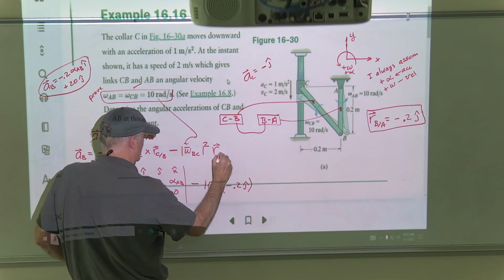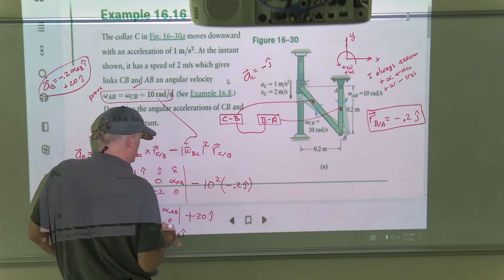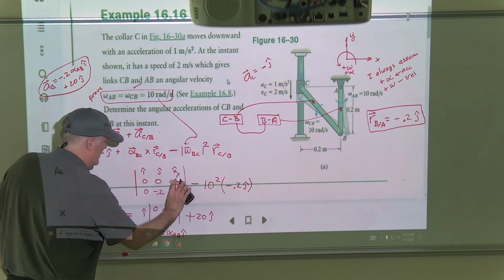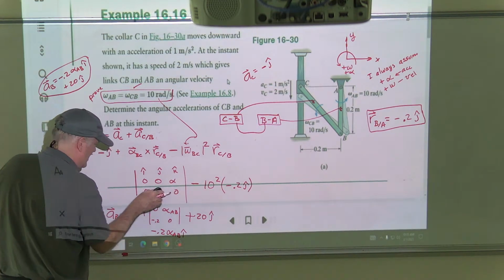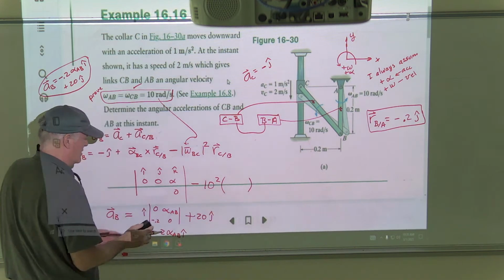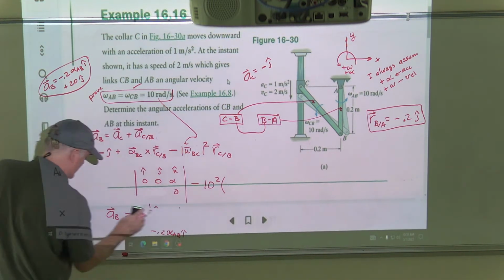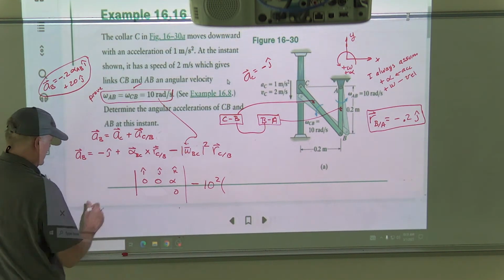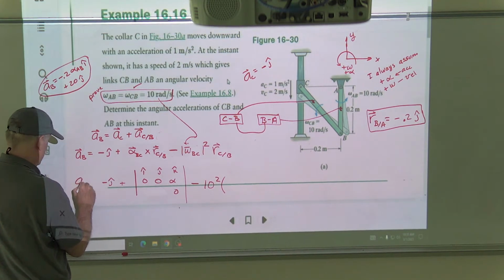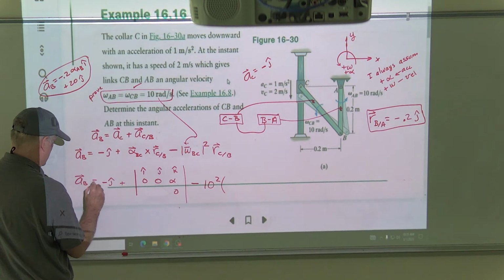And then R, C to B. Now, it turns out, okay, so let's say minus j plus acceleration of B equals it.